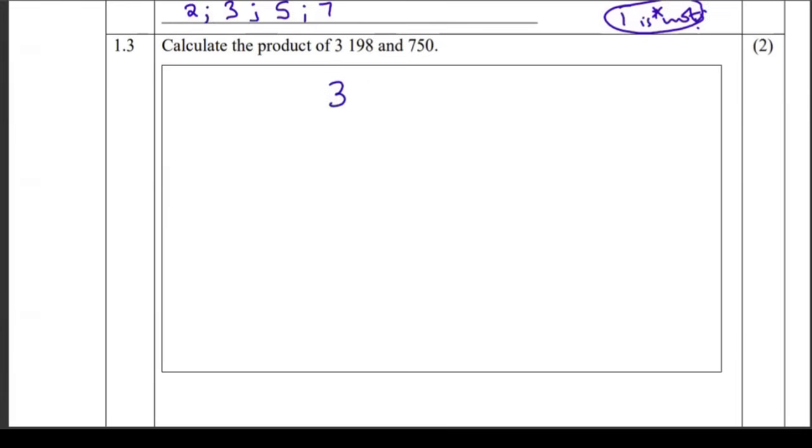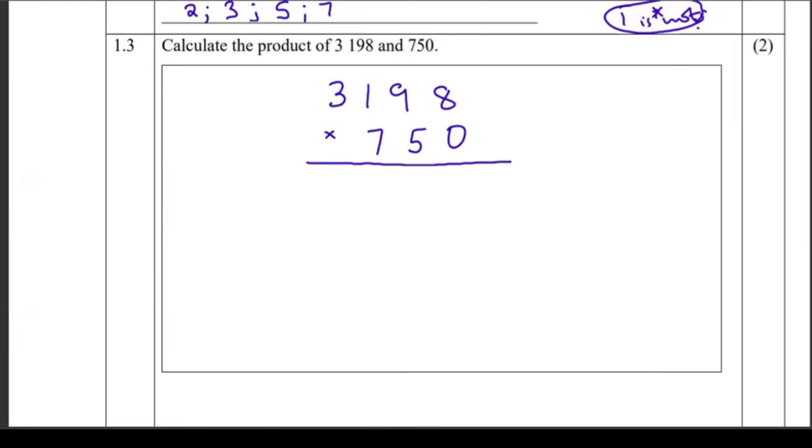So 3, 1, 9, and 8. Then I will write the 715 based on the place values of these numbers. Then we say times. Okay, so we're going to start with a 0 as we multiply all these numbers by everything there.